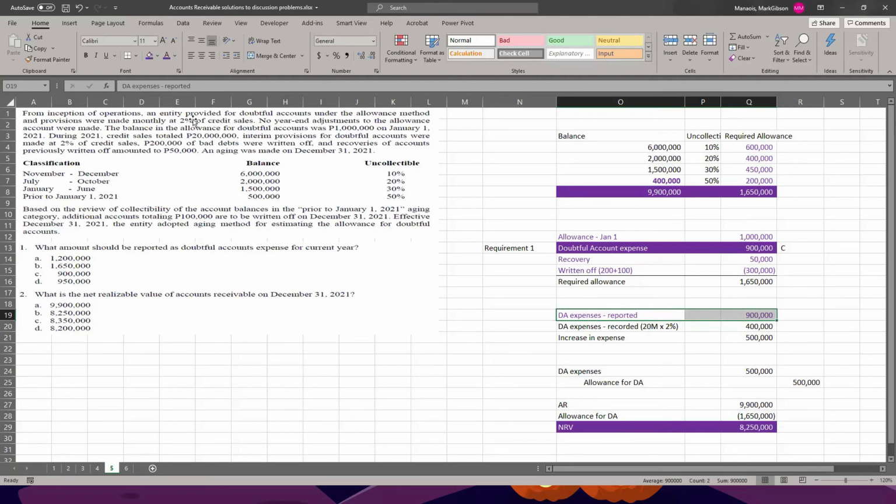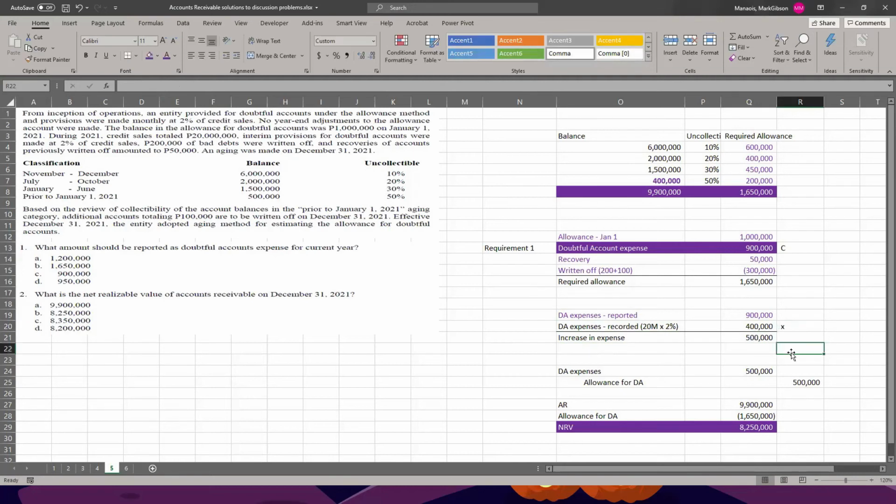That 2% is the percentage of non-collectibility. This is the method they used for the whole 2021. Therefore, we have an increase in expense. Remember, the recorded per books is only 400,000, but the required is 900,000.